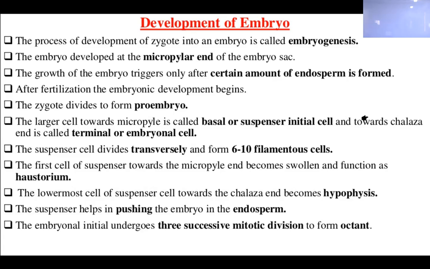Now lower is hypophysis, the lowermost cell of suspensor. And suspensor helps in pushing the embryo in the endosperm, and the embryonal initial undergoes 3 successive mitotic divisions to form octant.